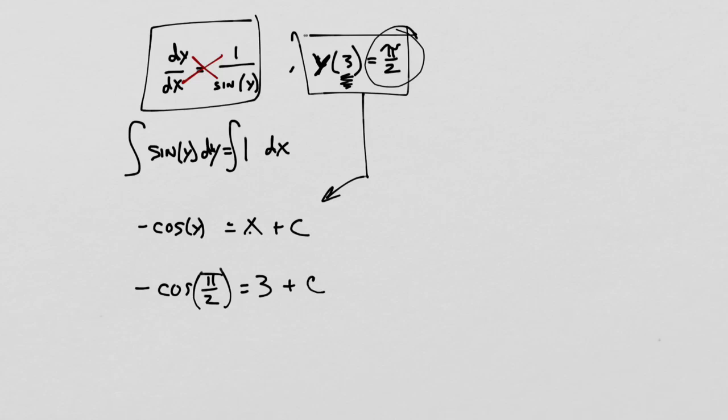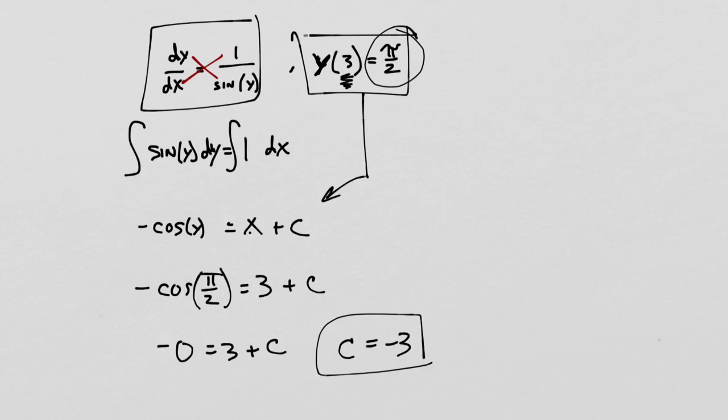And we know the cosine of pi over 2 is 0, so I've got negative 0 is equal to 3 plus c. When you subtract 3 and subtract 3, c should equal negative 3.